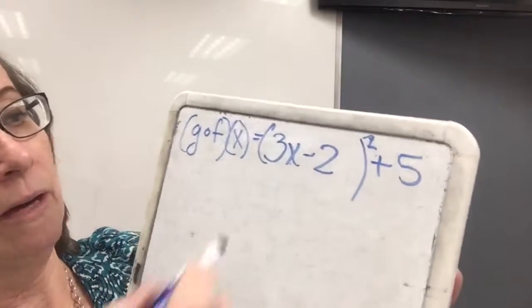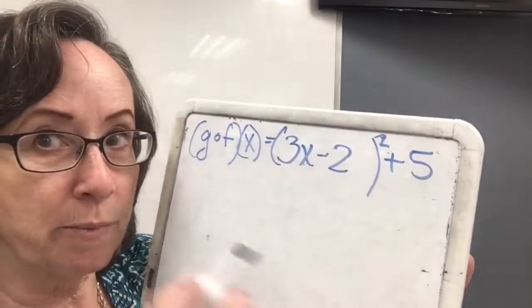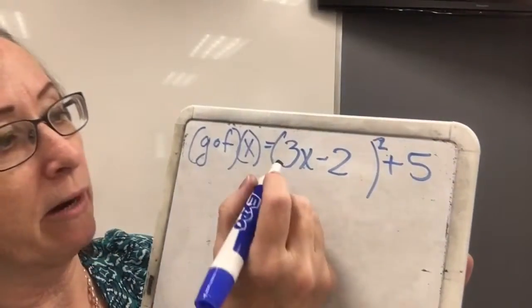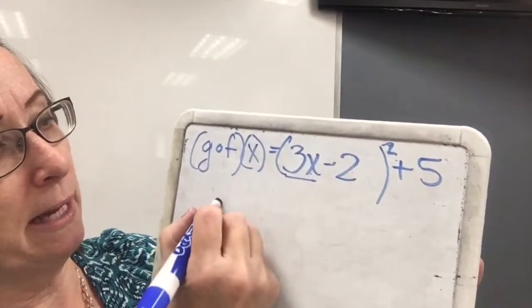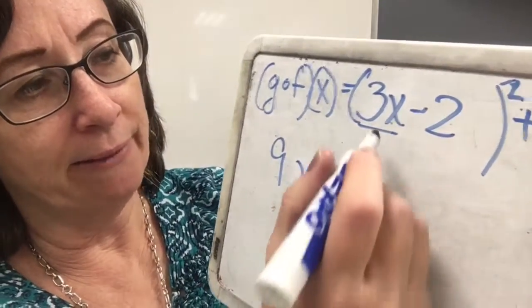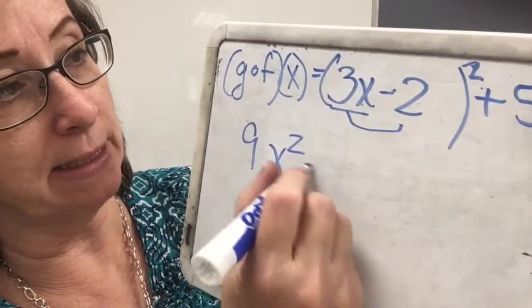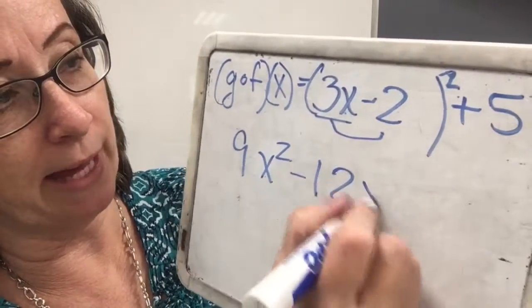All right, so now I'm going to square this whole thing. First term squared, product doubled, last term squared. First term squared is going to be a 9x squared, and then the product is negative 6x. But when I double it, it's going to be negative 12x.